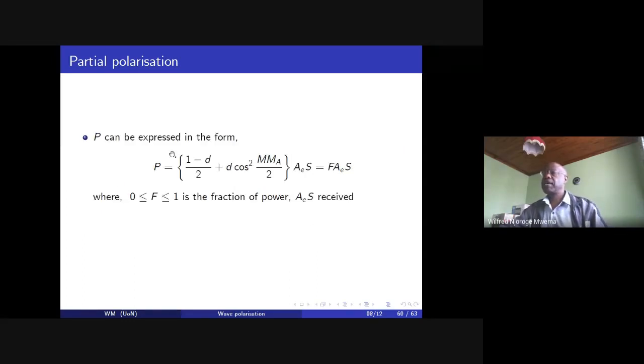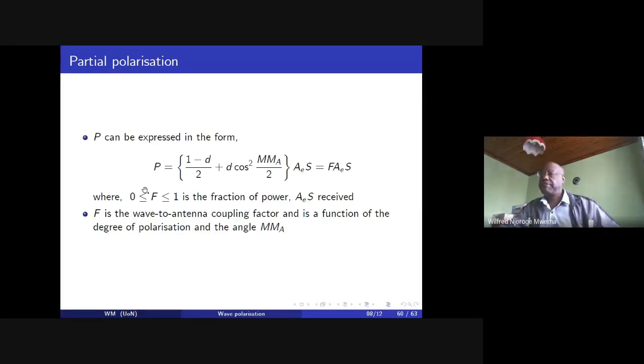We can also express P, or the power available, in that form, and we now use a factor F between 0 and 1, which is the fraction of power received. That is, aperture multiplied by the power density gives us the power, and F gives us how much of that power transported by the wave is received by your antenna.